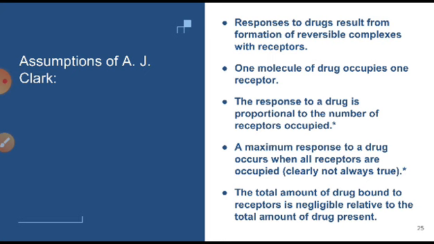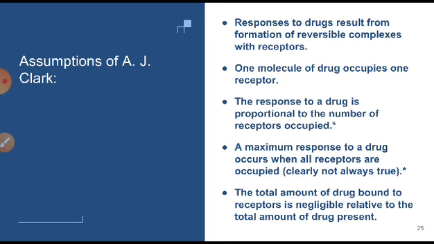Responses to drugs result from formation of reversible complexes with receptors. This is one thing they understood: that whenever D plus R bind, they form a DR, and it's a reversible complex. One molecule of drug occupies one receptor. This is another concept they derived from this.